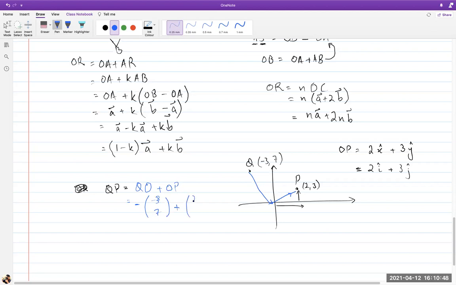And OP is positive 2 and 3. Meaning you go 2 steps in x and 3 steps in y.